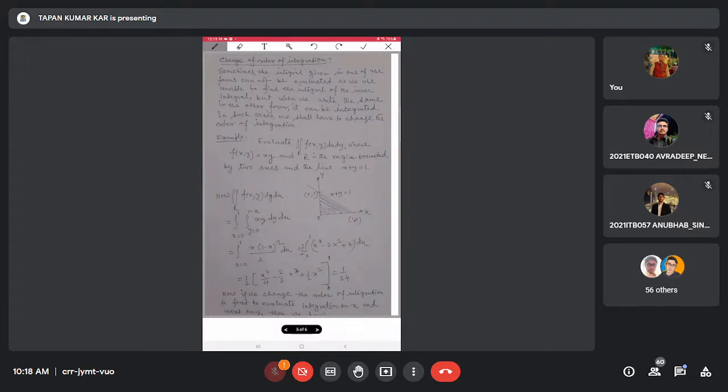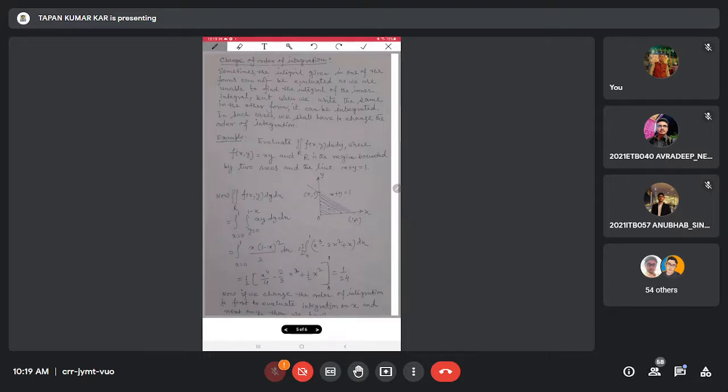Sometimes, if we do first with respect to x, then with respect to y, it may be more convenient to integrate first with respect to y, then with respect to x. In that case, it will be easier to evaluate. So I would give one example. Look at this example here.